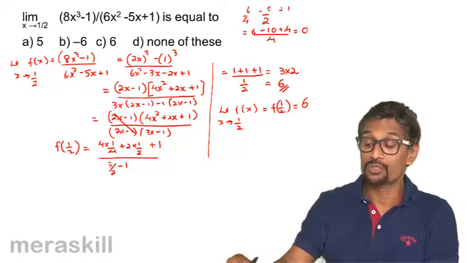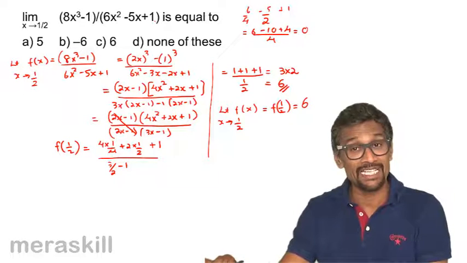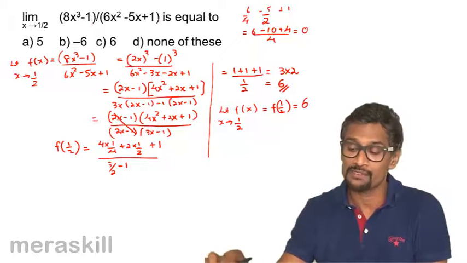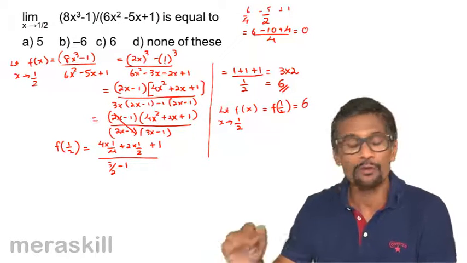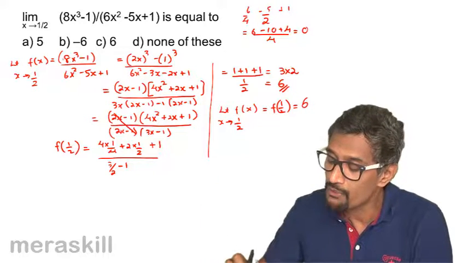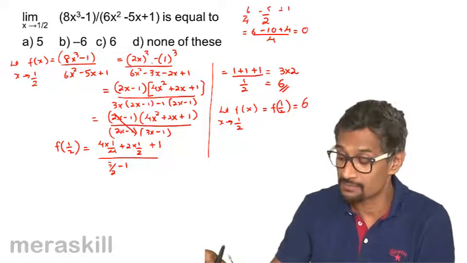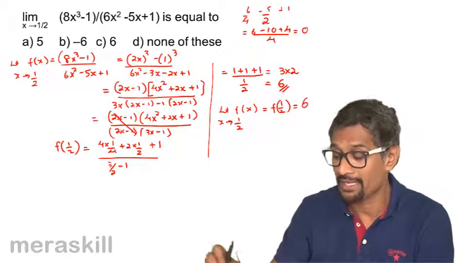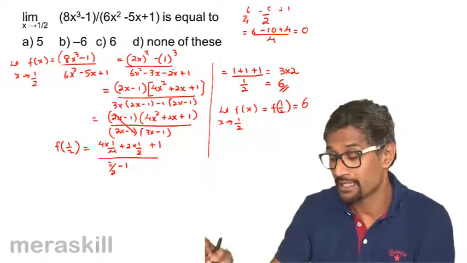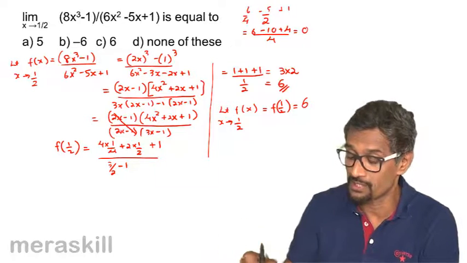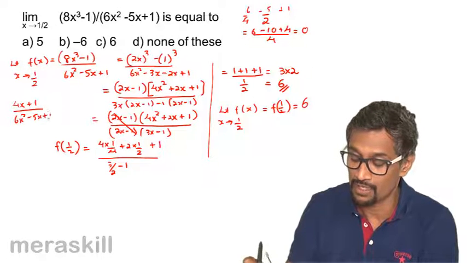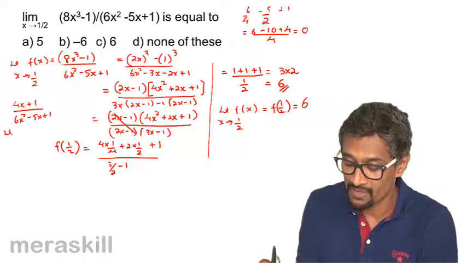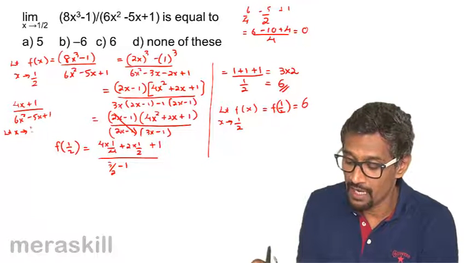So this is a case wherein the expression is indeterminate, not for all values of x. For x equal to half, the expression becomes meaningless. Now, as an offshoot of this, suppose we are not able to factorize this particular situation and you have this denominator as it is. In such cases, what do you do? Suppose the expression was, instead of this, 4x plus 1 upon 6x squared minus 5x plus 1, and you have to find the limit of this when x approaches half.